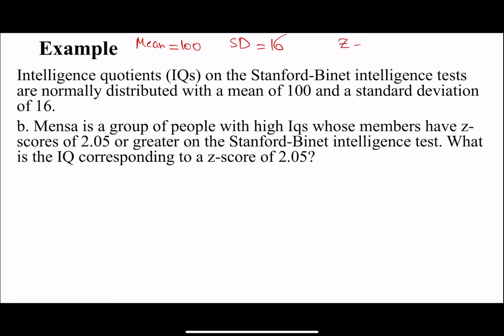So we have the z-score is 2.05. We want to find out the item corresponding to this z-score. It's very similar to what we solved just a few minutes ago. Okay, go ahead.